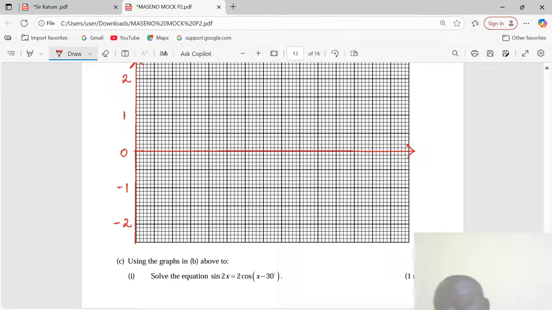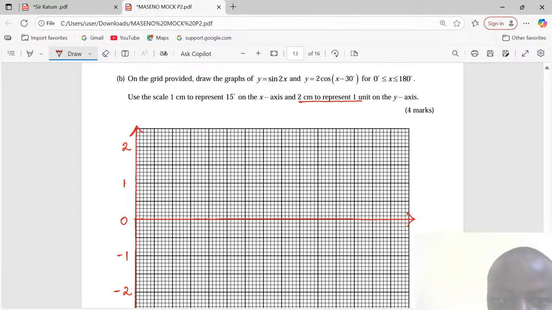It's good to follow instructions. More so, when the scale has been provided, kindly don't choose yours. When the scale has not been provided, you can choose a suitable one for yourself. But in a case like this, where the scale has been provided, please don't choose your own.